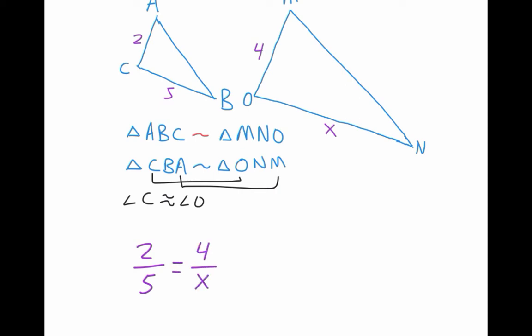And now, just like we did in the section 7 notes, we could solve for x. You could cross multiply and divide: 2 times x equals 4 times 5, and then divide both sides by 2. But it's probably easier in this case to say, to get from 2 to 4, they multiplied by 2. So I could do that same thing in my denominator, and 5 times 2 gives me 10. So x would just have to be 10 units long. But you could do it by cross multiplying and dividing if you wanted to.